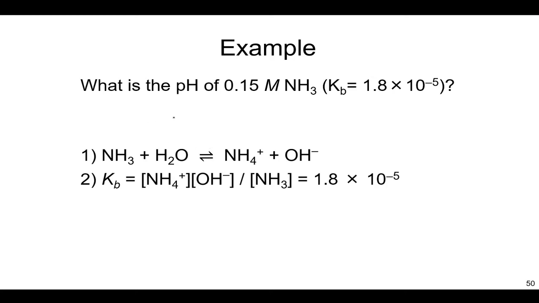So first thing we always do in these problems is write the equation. And sometimes you might be used to working on Ka problems or just have that in your mind that you have to write something as donating a proton and acting like an acid. But just take stock when you read a question for the first time and identify, is this an acid or a base?